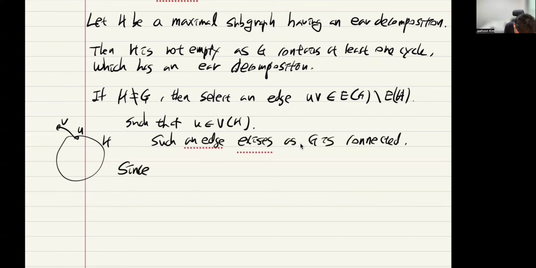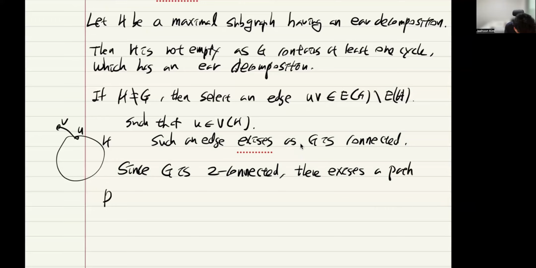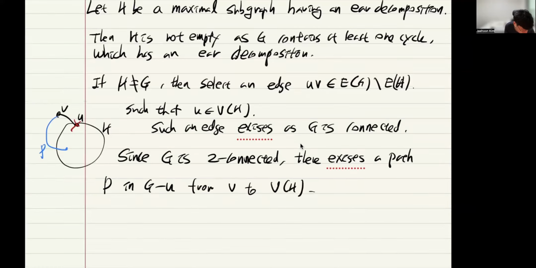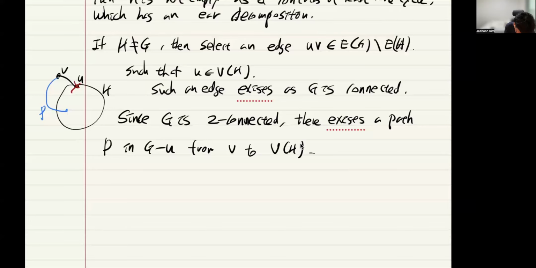And what we know, G is two connected. But there exists a path P in G minus u. So you delete this, there must be a path P which is from v to a vertex of H. Then what?